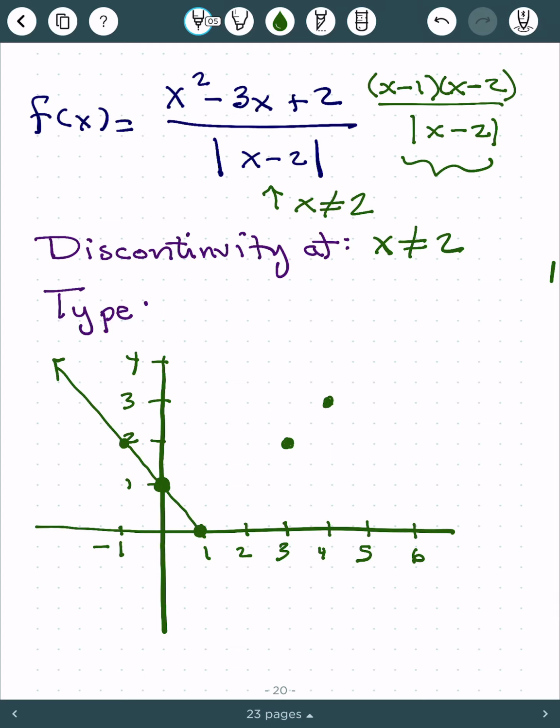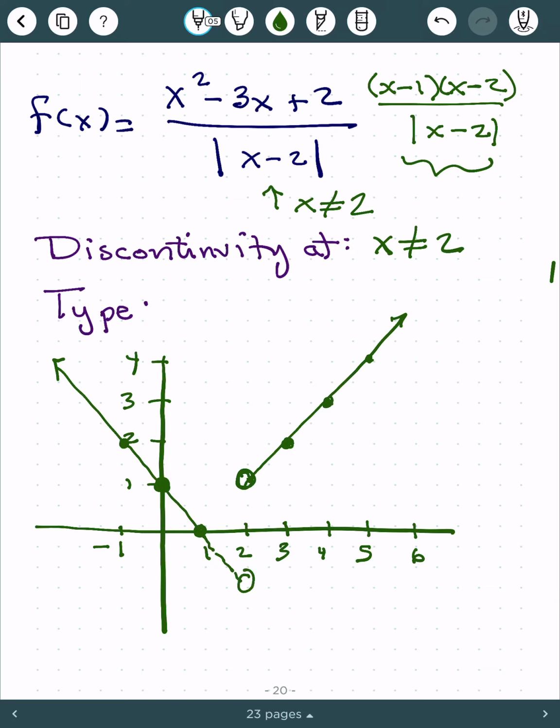If I put a 5 in, 25 minus 15 is 10. 10 and 2 is 12. 12 divided by 3 is 4. So you can see here we also have a line where the slope appears to be, well, in this case, 1. But if I continued that to 2, notice I'd be right here. If I continue this one to 2, I'm down here.